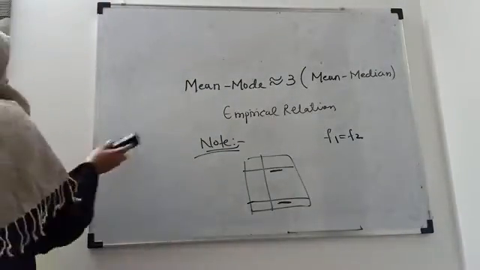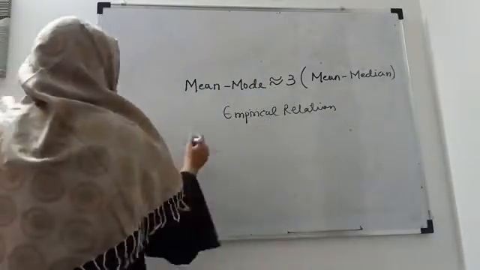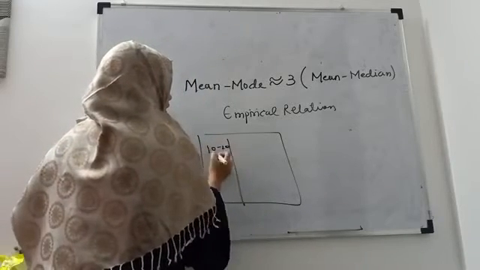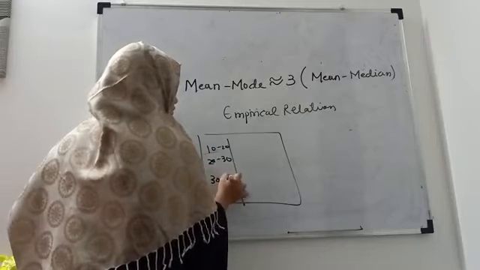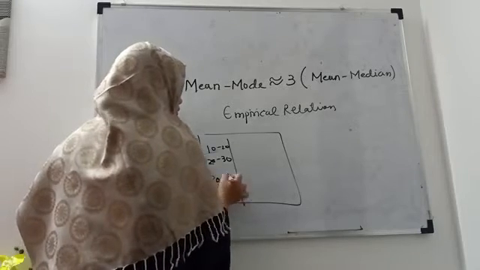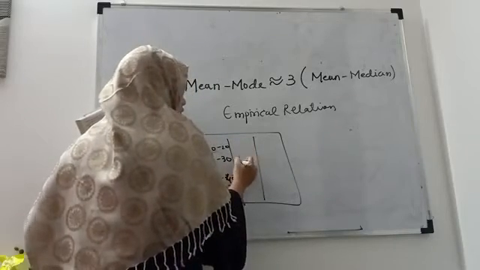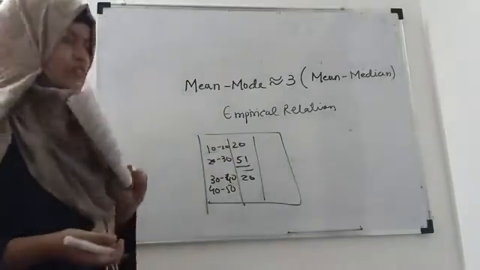Here I'll give you one example. Suppose you have classes like this: 10 to 20, 20 to 30, 30 to 40, 40 to 50. Suppose the frequencies here are 11, 51, 20 and 20, and 51 is the highest frequency.